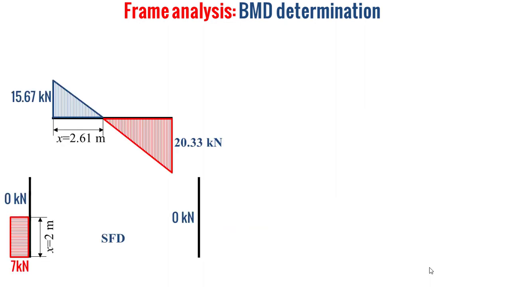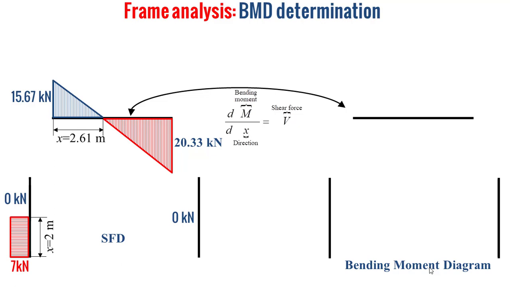Now I explain how to determine the bending moment diagram. This bending moment diagram is determined based on the shear force diagram, since the variation of the bending moment along the longitudinal direction of the column or of the beam is equal to the shear force. So the bending moment is the integral of the shear force.